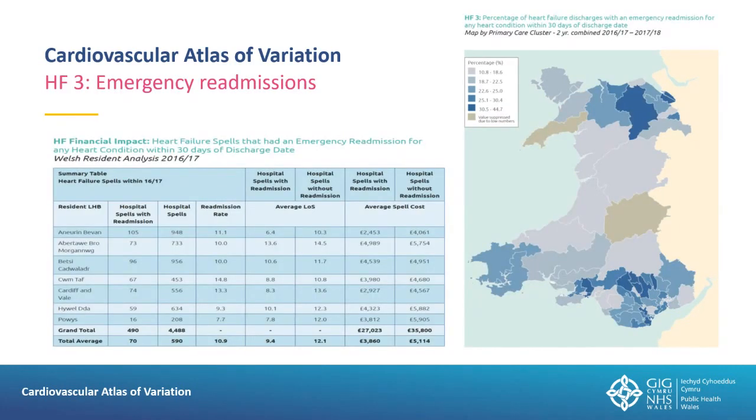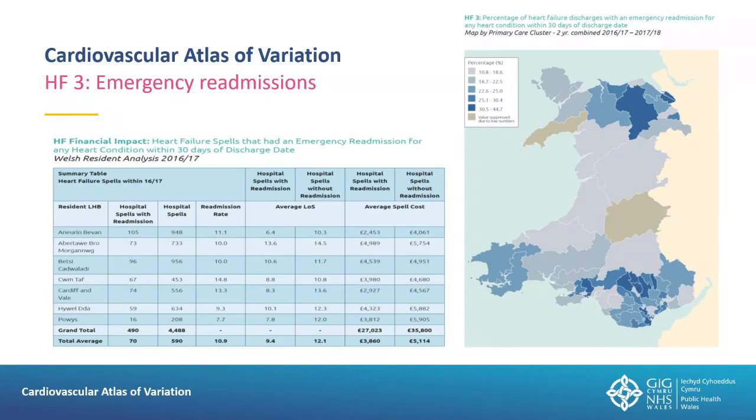And I think Sally's touched on this. This is heart failure emergency readmissions, with data from 2016-17. Same story, though. Shorter length of stay is linked to increased hospital readmissions, but there is significant variation in that, and this map does not tell us why.